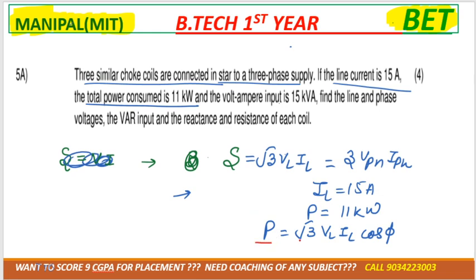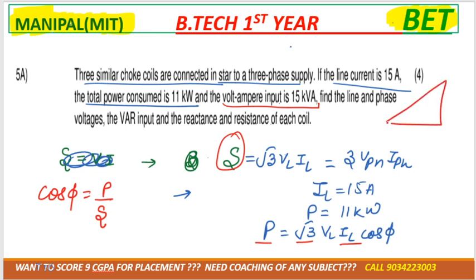P is given, root 3 is given, IL is given, and they said the volt ampere is 15 kVA, means S is given, right? So as you know, the formula is cos phi equals P by S, correct? According to the power triangle, this is P, Q and S, and this would be phi.